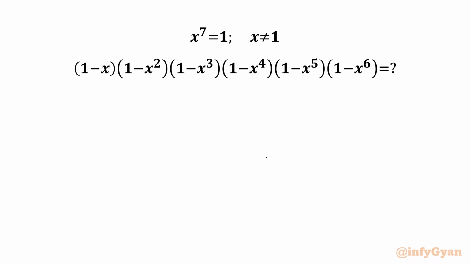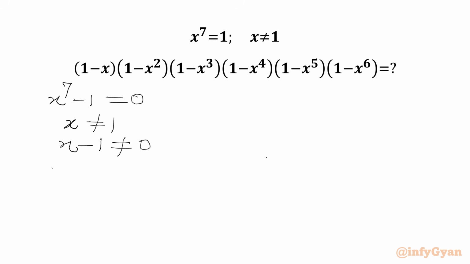Now I will write x power 7 minus 1 equal to 0. Here x cannot be equal to 1, so I can write x minus 1 cannot be equal to 0.